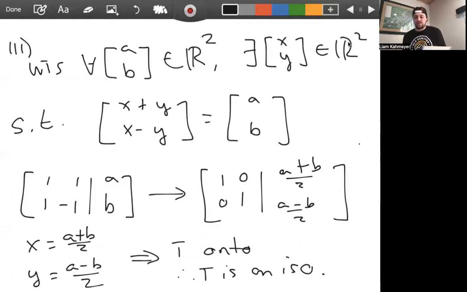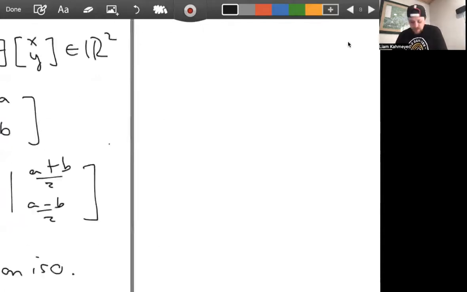Okay, and so these are the checks you have to go through to prove something is an isomorphism. Okay, let's see here. Next, I think I want to go through a few propositions or important results of a map being an isomorphism.